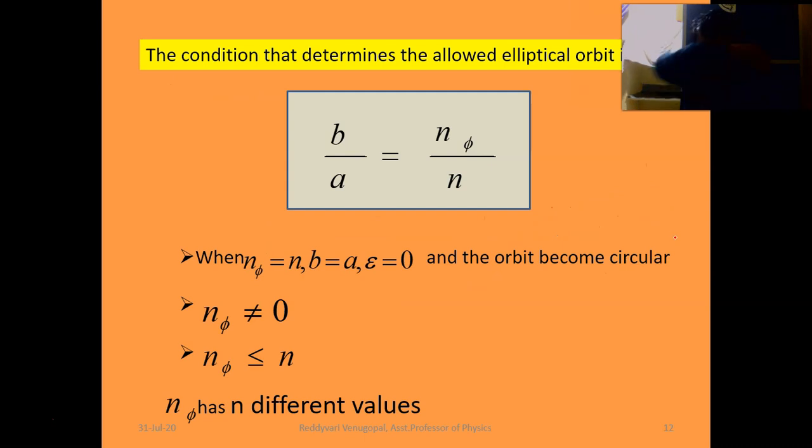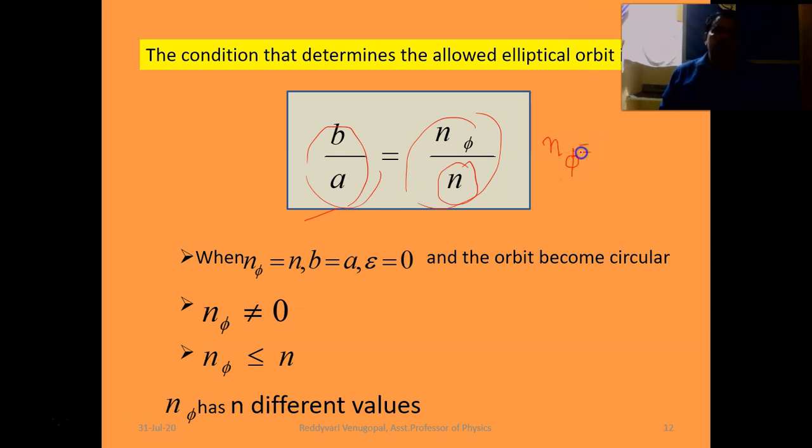The condition that determines the allowed orbits is b by a is equal to n phi by n. Here we know the n value, that is the principal quantum number. In the Sommerfeld atomic model, he introduced one more quantum number, called n phi.